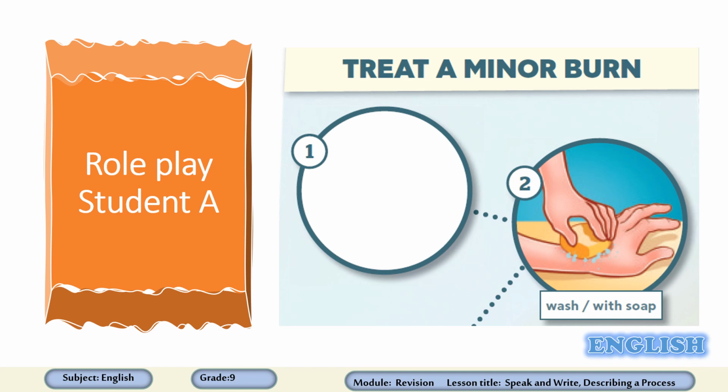Then Student B can tell Student A what to do because he has the missing part, the first step, the picture and the prompt. For example, he can say, firstly, you have to put the burn under cold water and keep it there for 5 to 15 minutes.